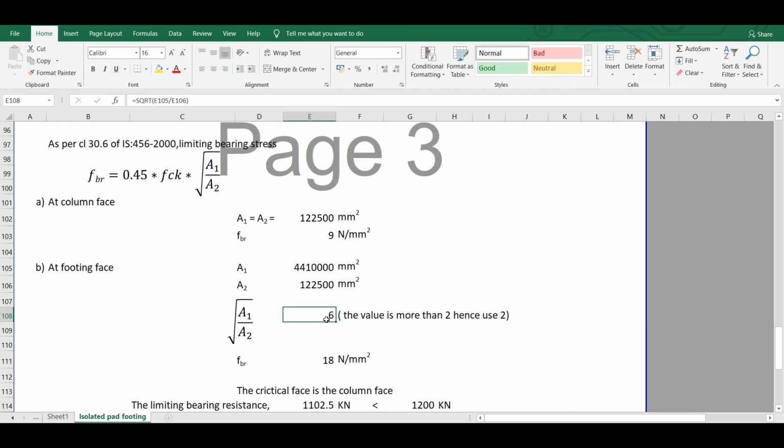So we will use 2 as the value of square root of A1 by A2. The bearing stress at the footing face is again 0.45 fck into square root of A1 by A2, which is 2 because it exceeds the maximum value of 2. So the bearing stress is coming out as 18 Newton per mm square.